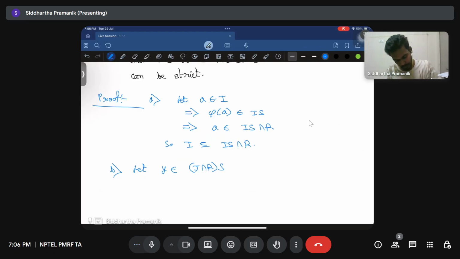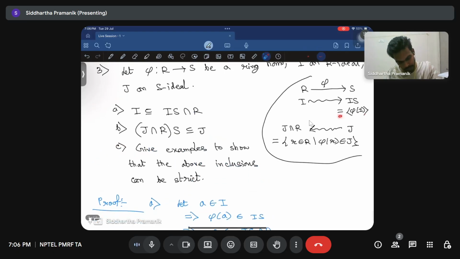So how does this element look? Now this ideal is basically the ideal generated by phi of J intersection R, right? So this is just by the definition.